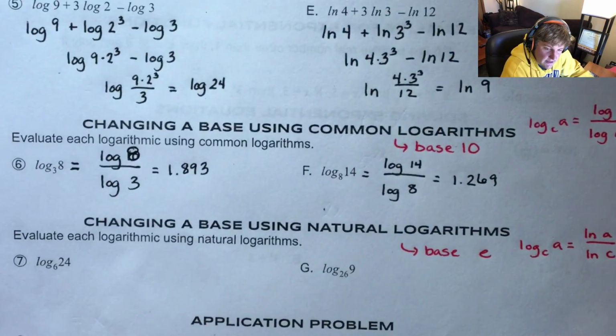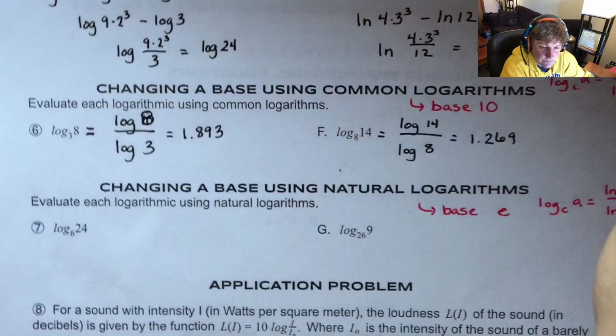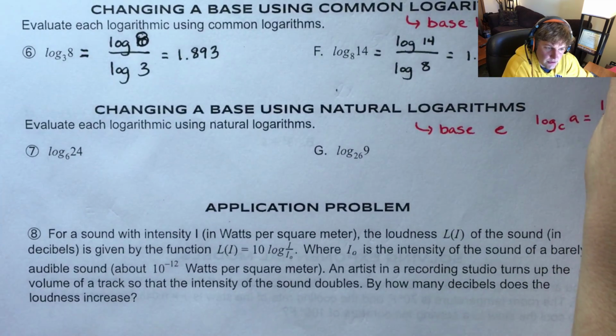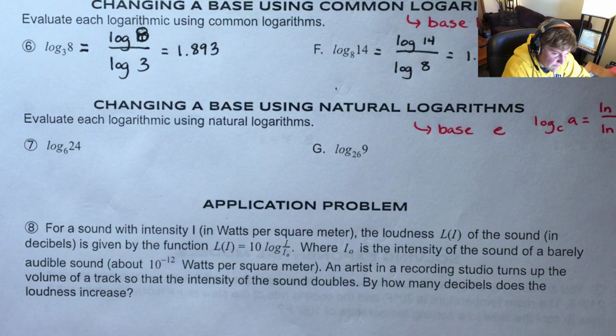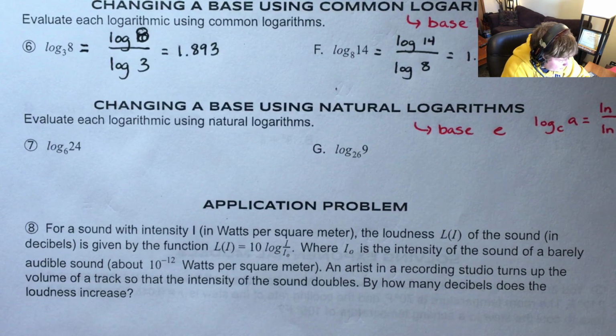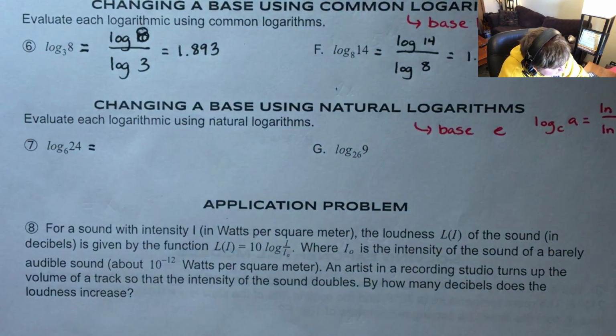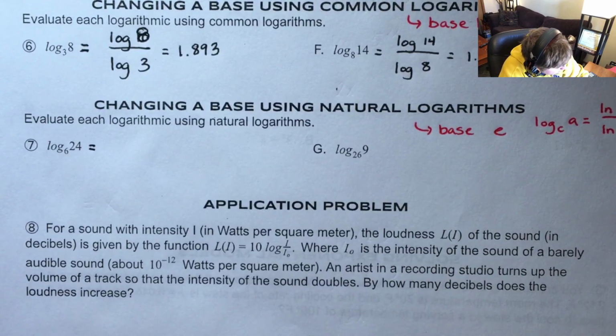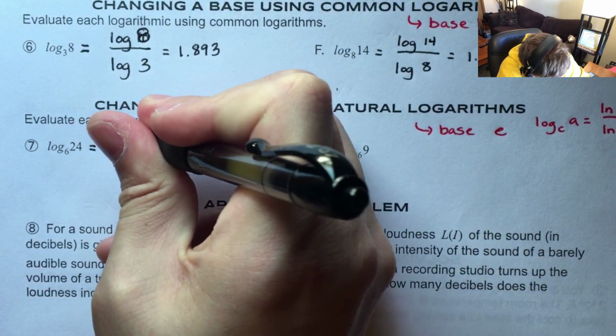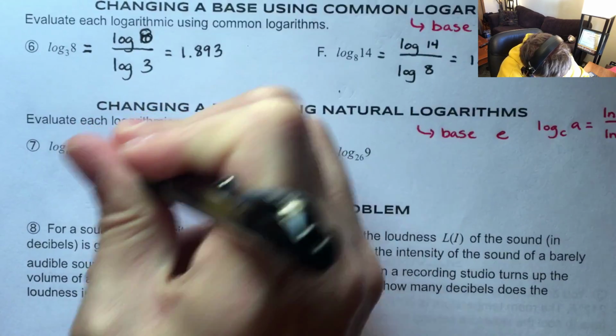Okay, so let's do this. I have log base 6 of 24. I want to know what power I need to raise 6 to in order to get 24. So we just have to take the natural log of 24 and divide it by the natural log of 6.